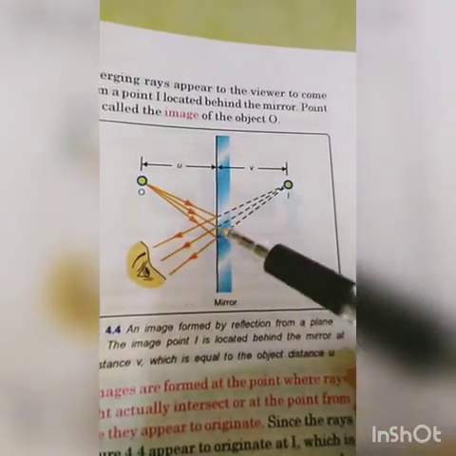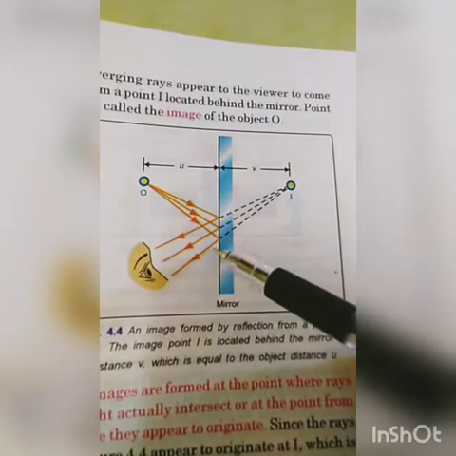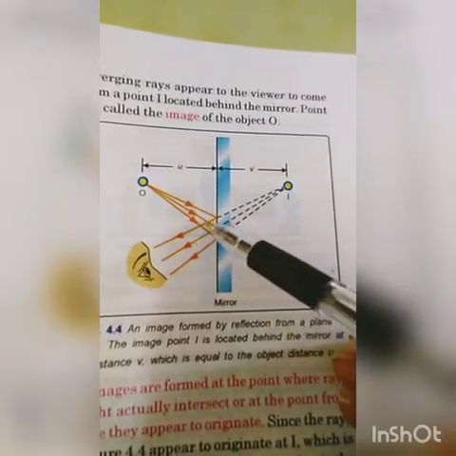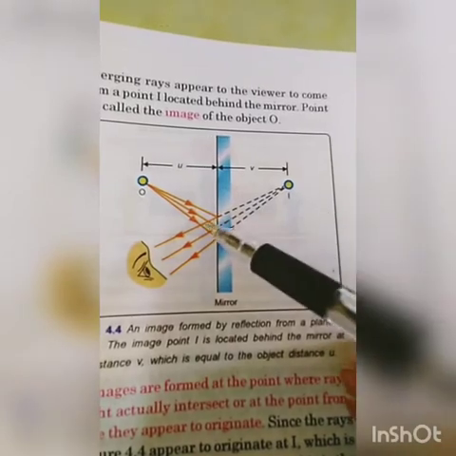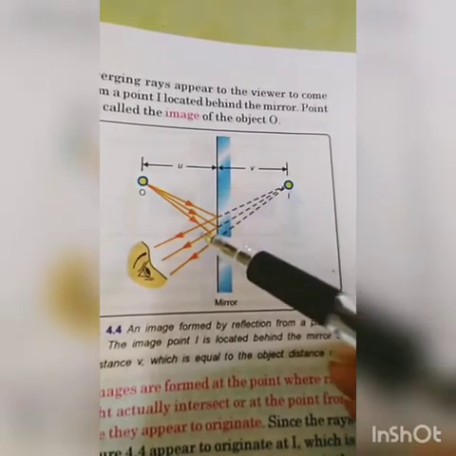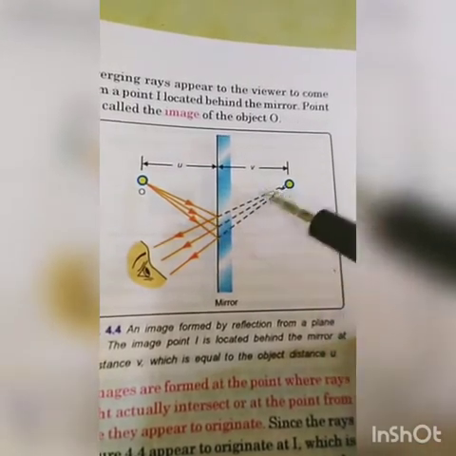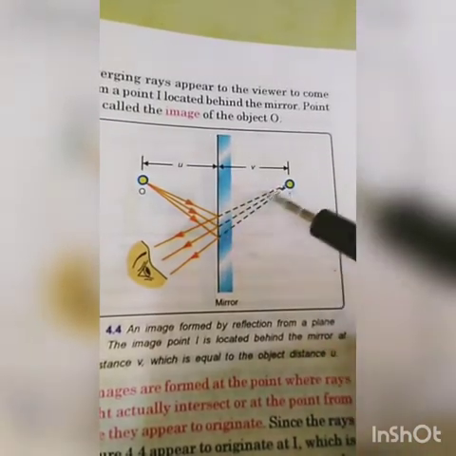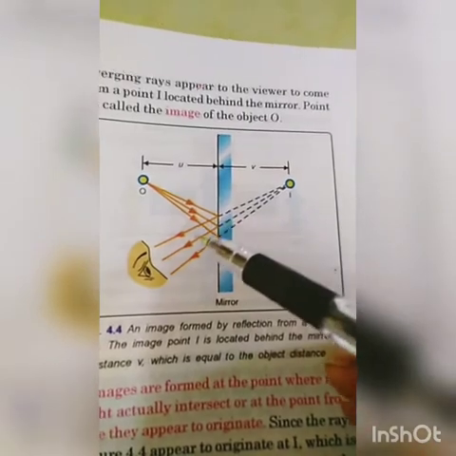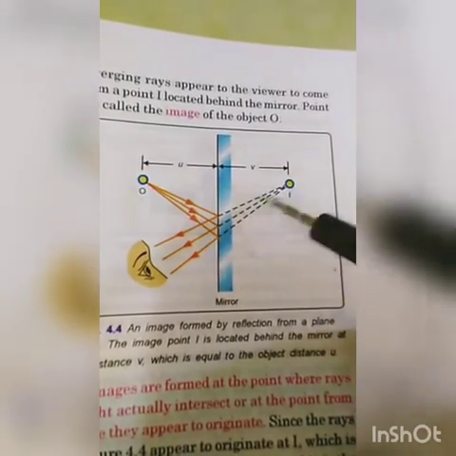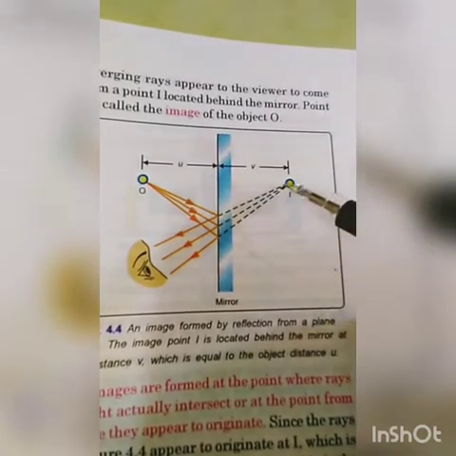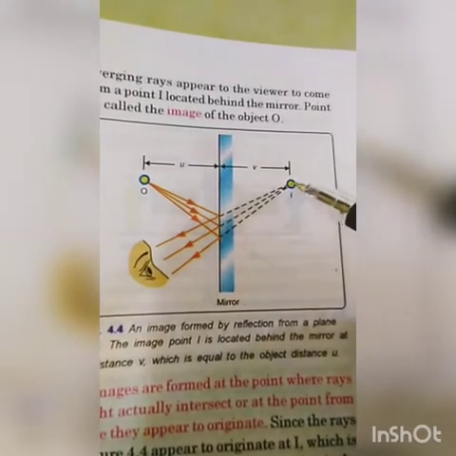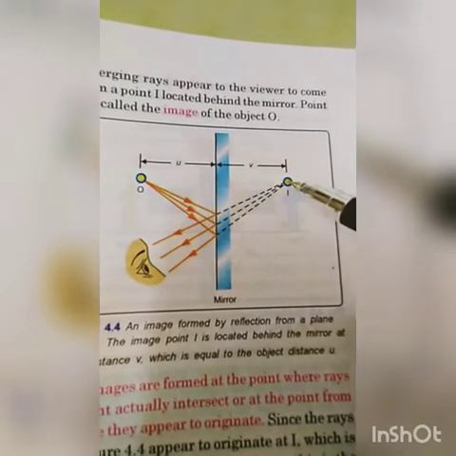So it is reflected back with the same angle. And when we extend these reflected rays back, they meet at a point, and this is the point where the image is formed.